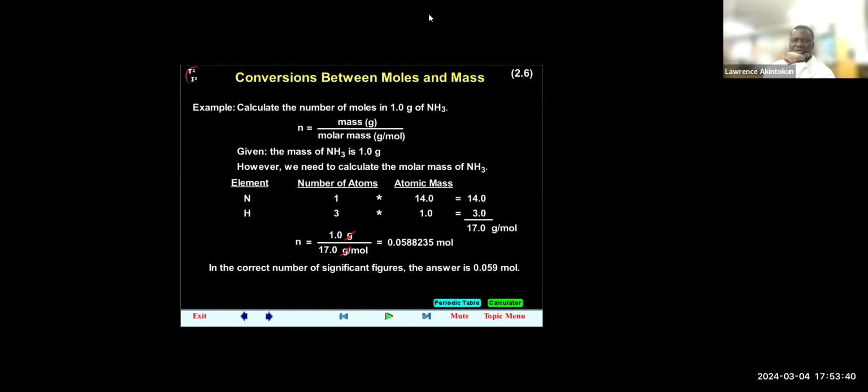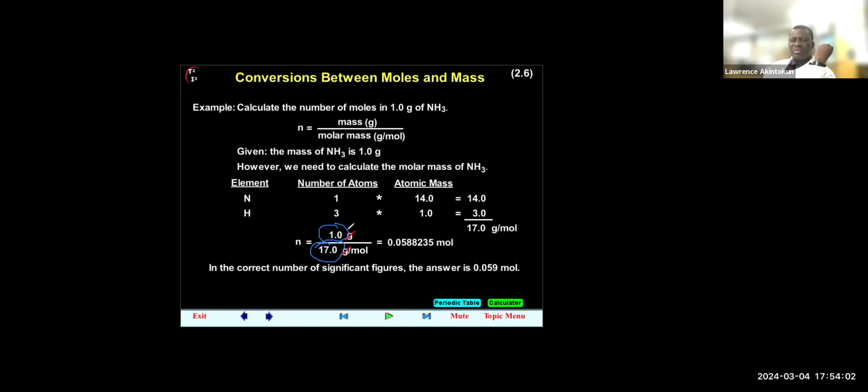All right, just to quickly review our significant figures. In the question, you have 1.0, which is two significant figures. 17.0 is three significant figures.